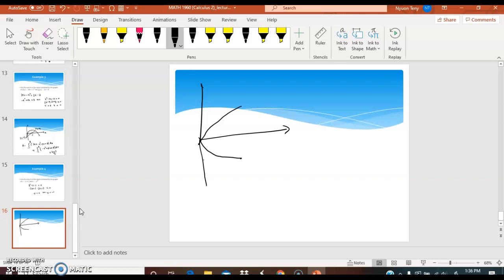The function looks like that, and the points of intersection are 4 and 2, and 1 and -1. So this function here is actually on the right side. This is x, and this is y.